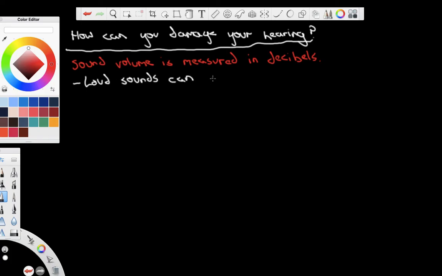At the same time, head damage or damage to your head can start to cause hearing damage. So head injuries damage hearing.